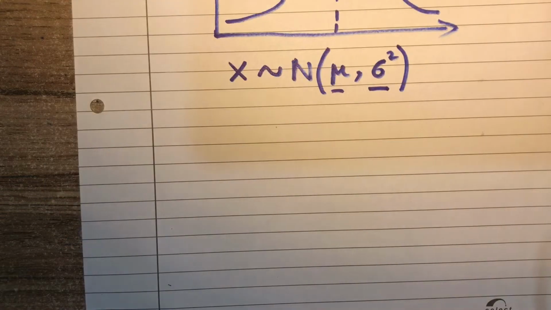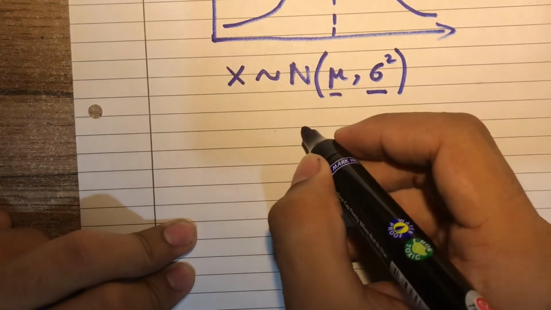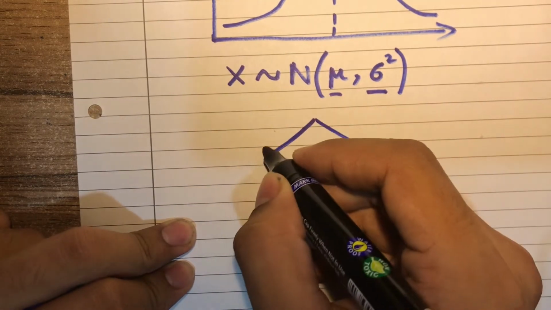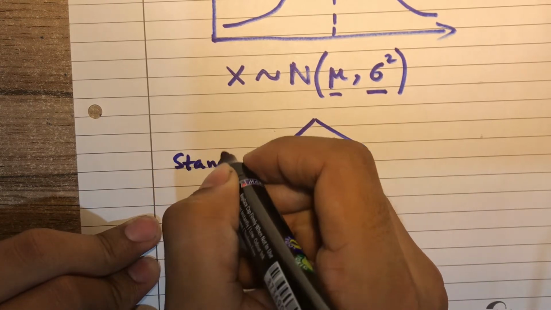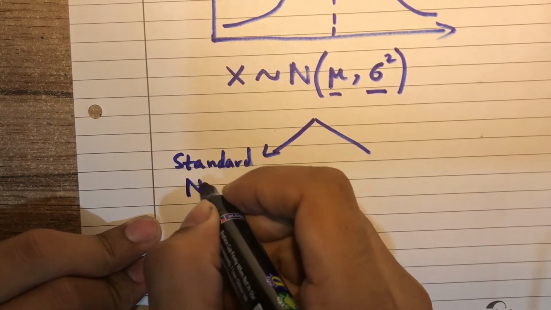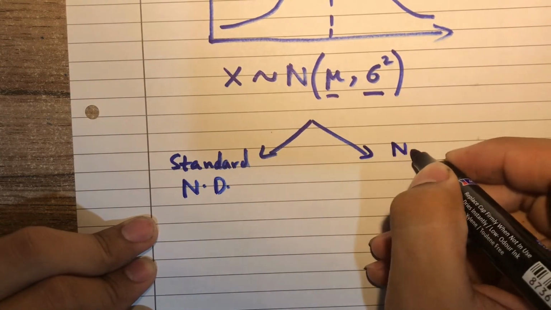Now there are two types of normal distribution curves. The first is the standard normal distribution, the second is non-standard normal distribution.